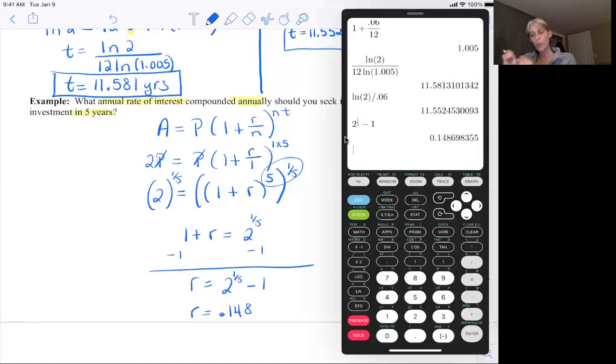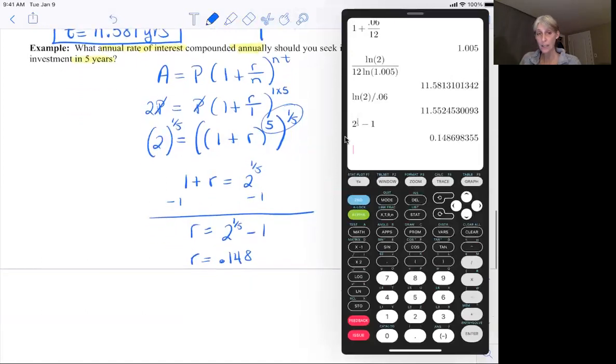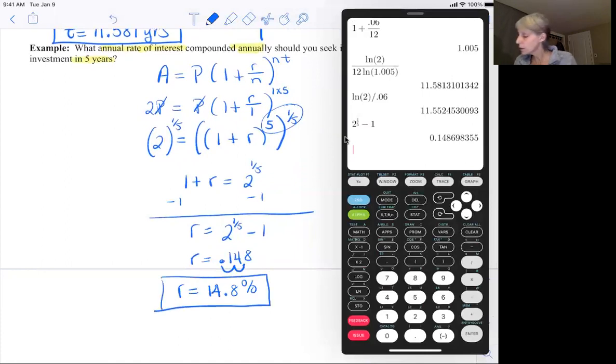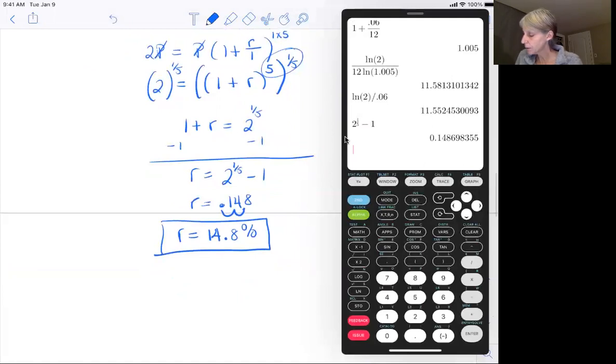In order to convert it back into a percent, and usually our rates are given to us in percents, we're going to move this 2 times in the opposite direction, and r should be 14.8%, which I don't know where you'd find it. Oh, actually, I'm bad. It should be 14.9%. A little off in my rounding there.